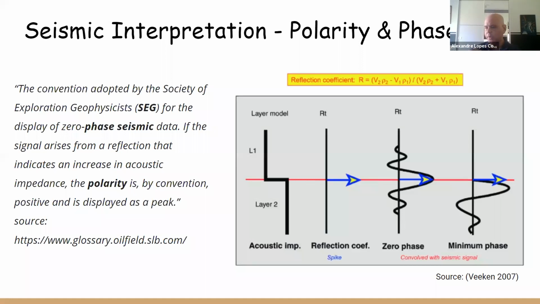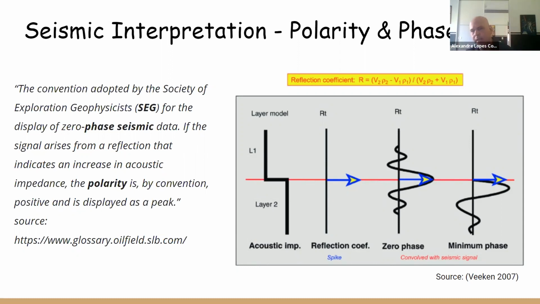If you have an increase of acoustic impedance, the SEG standard format is to represent your wavelet as a peak, not as a trough. A decrease of acoustic impedance is where you have some soft rocks, some reservoir, some gas, some oil-bearing zones. So you have a trough.